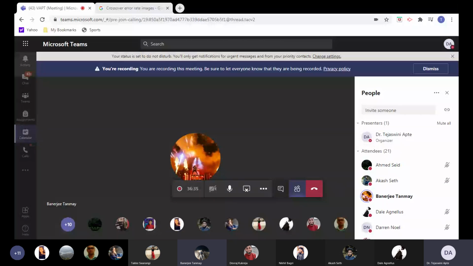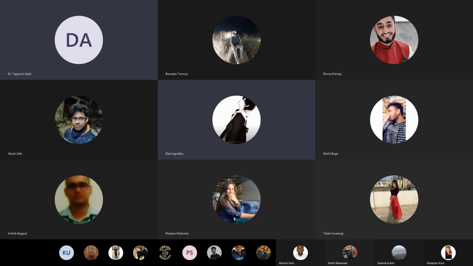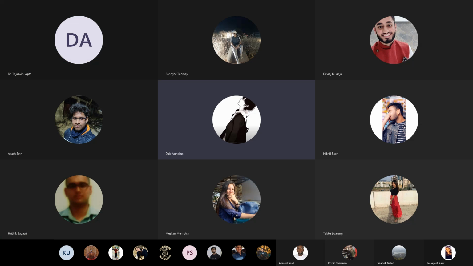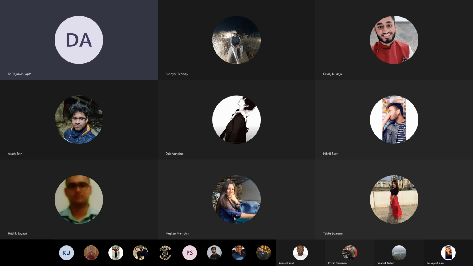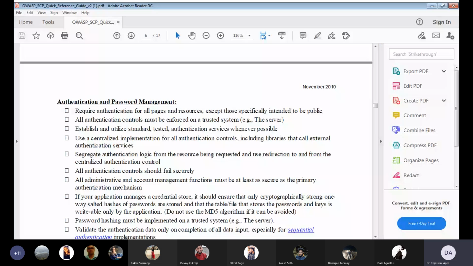Okay, shall we move ahead, all the students? Yeah, so let me share that document again with the OWASP. Now, all authentication controls must be enforced: establish and utilize standard, tested, authenticated services whenever possible, and centralized implementation of all the authentication controls using libraries that call the external authentication services.